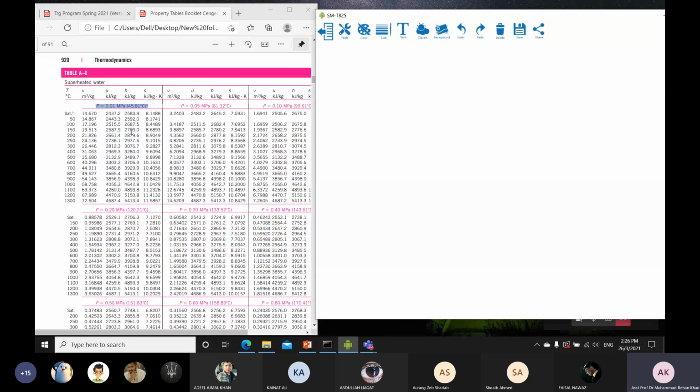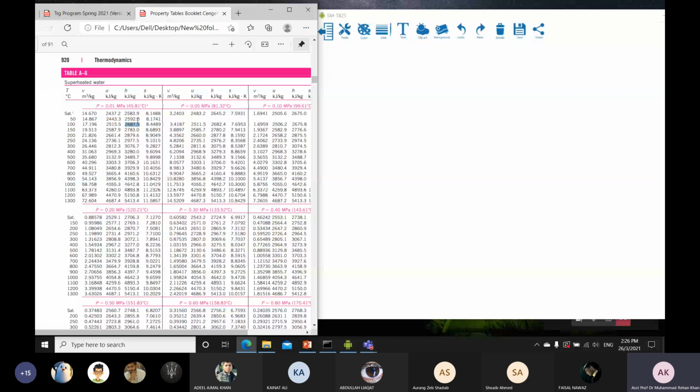Now look for the enthalpy value in this line where 2664.8 lies. It is in between these two points, 2592.0 and 2687.5.